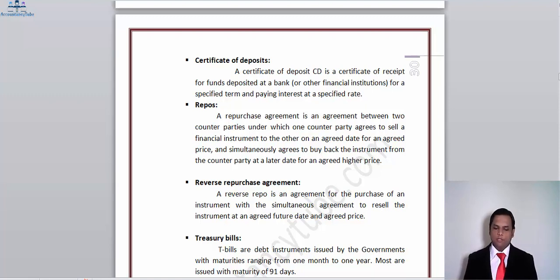So what they do is get a repo agreement, a repurchase agreement, in which they sell the instrument to another bank or company at a rate and get the funds which they require, and when they get the funds back from the operations which they do, they will return the funds to the bank again to obtain the shares which they have given to them.